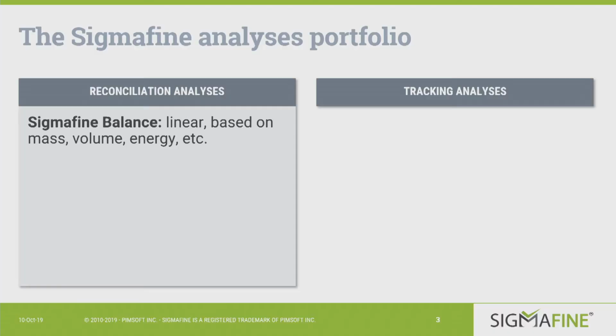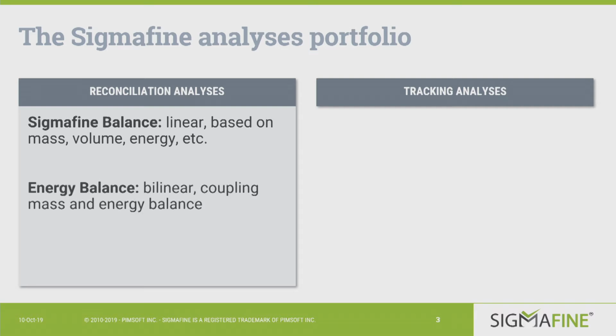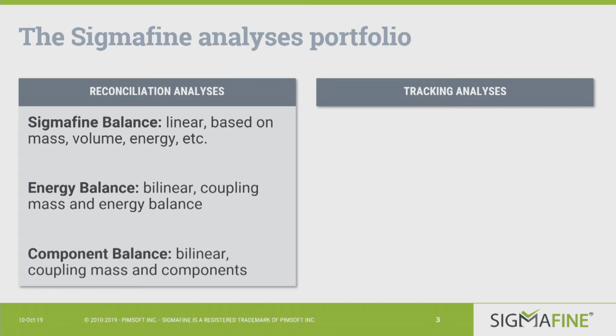Regarding reconciliation analysis, the most common and the most used, I guess, 100% of you are using Sigmafine balance for mass balancing. Some of you are using energy or volume balances for the utilities. Fewer customers are using energy balance, so the coupled solution of mass and energy. We have fewer examples here. Even fewer.